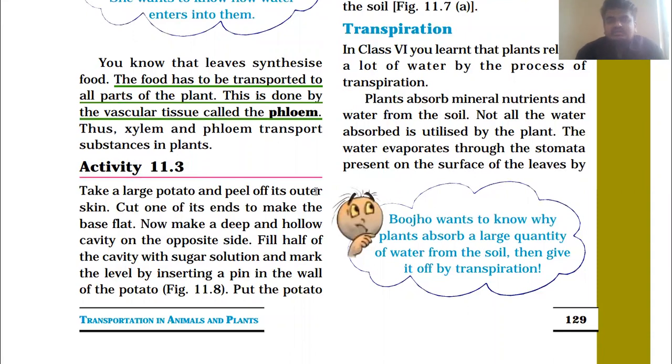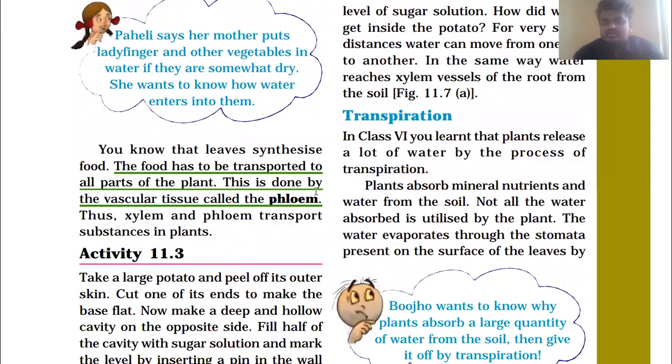Let's move forward to the next and last topic of the 11th chapter, transpiration. In class 6, you learned that plants release a lot of water by the process of transpiration. Plants absorb mineral nutrients and water from the soil. Not all the water absorbed is utilized by the plant.